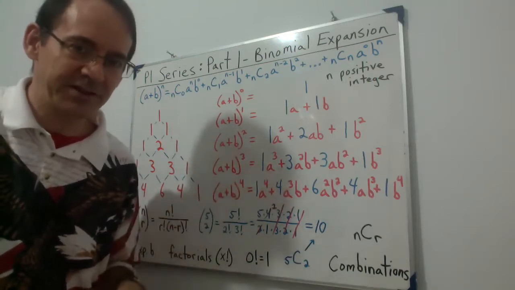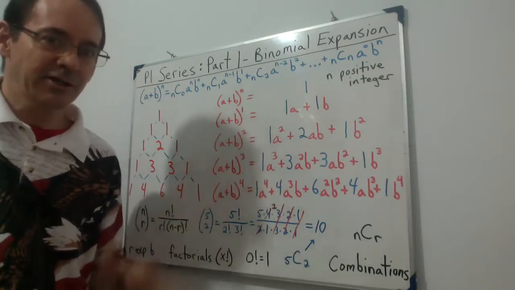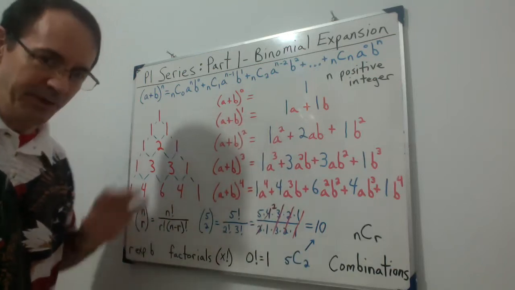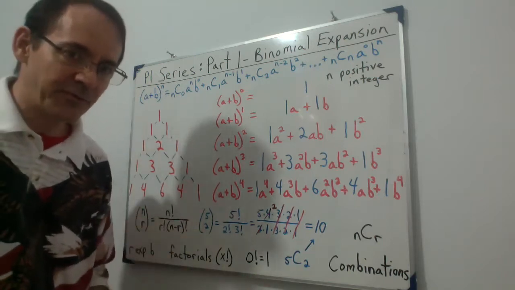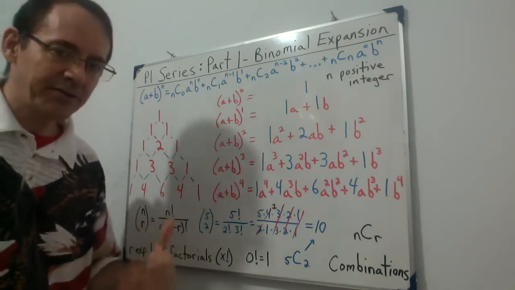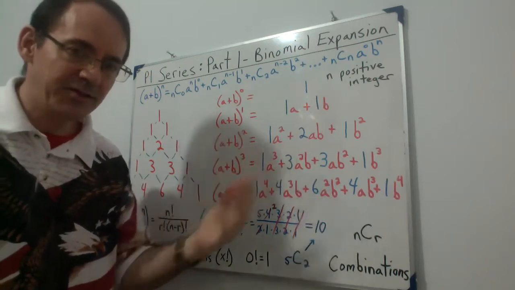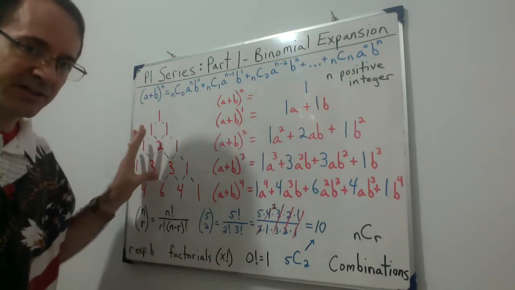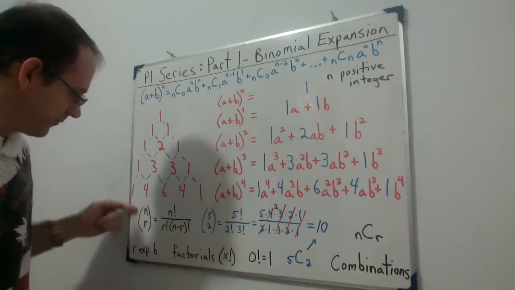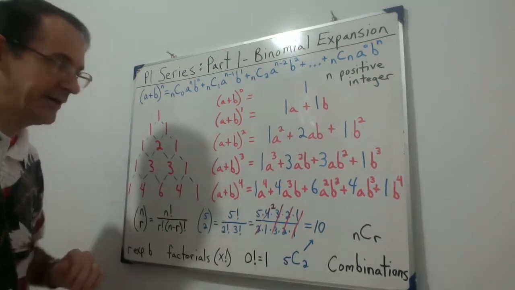Hopefully I pronounced his name correctly, but Yang Hui's triangle, I don't know what they called it, but you can find it in Chinese literature several centuries before. But since a lot of our math comes from the European side or the Western side, this is referred to as Pascal's triangle, and this is referred to as Pascal's notation here.